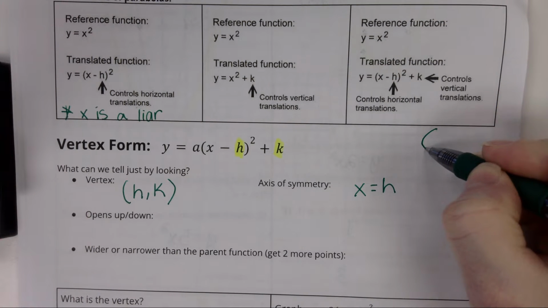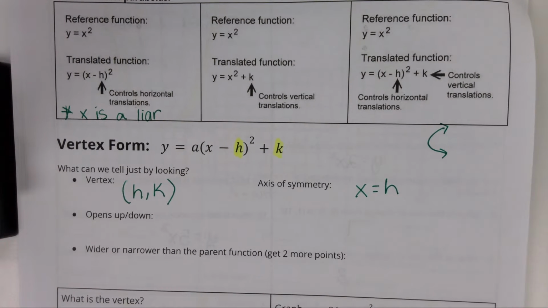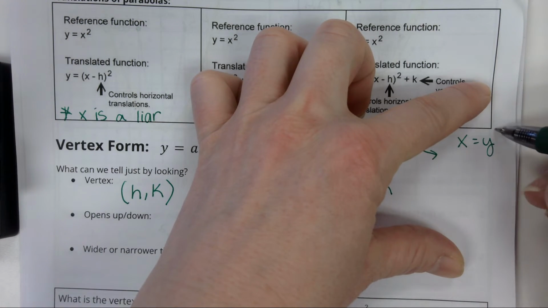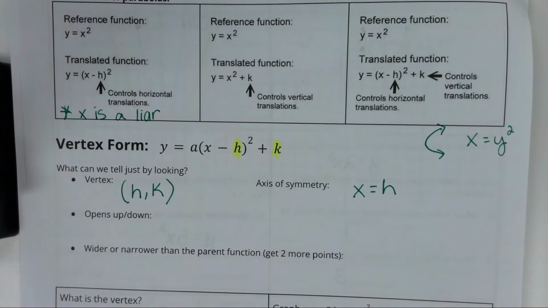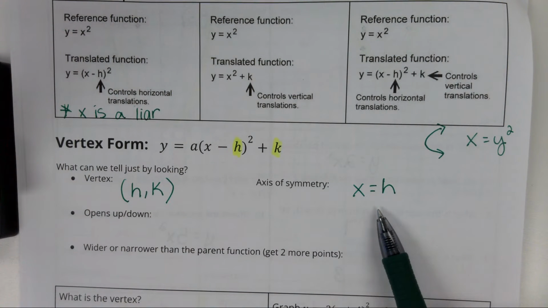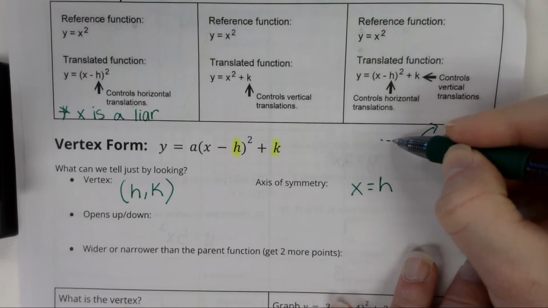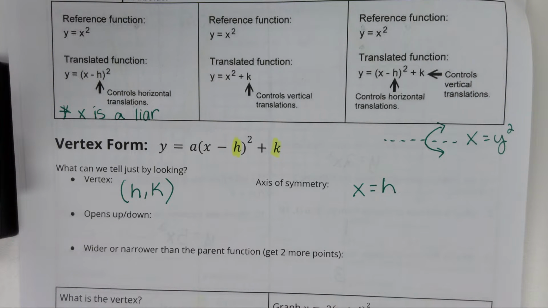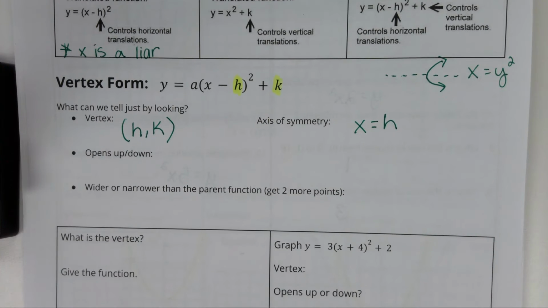When they open like this, the axis would be y equals, and it would go through the y-coordinate of the vertex instead. There was a homework question on one of the pages about that.